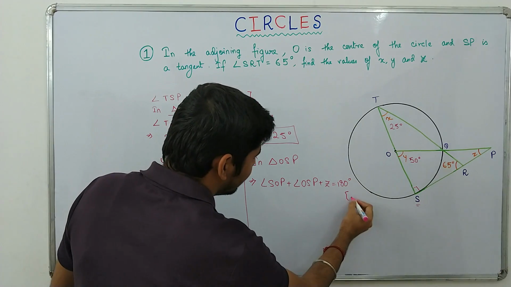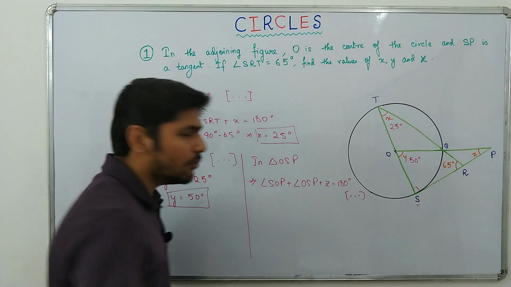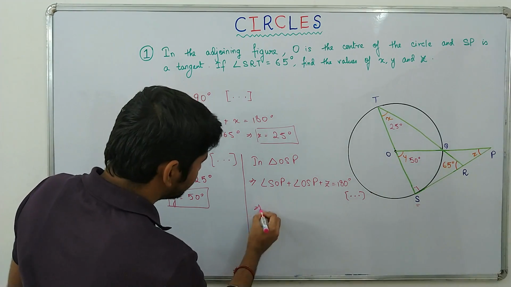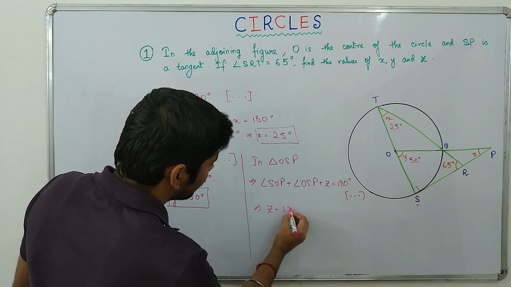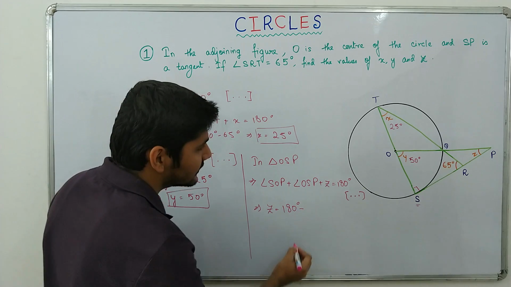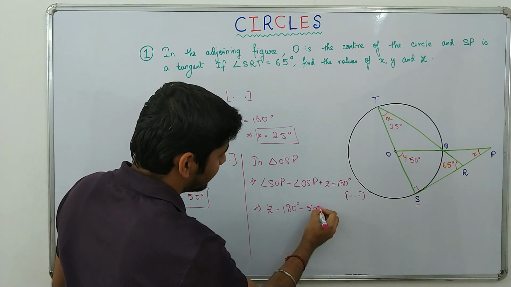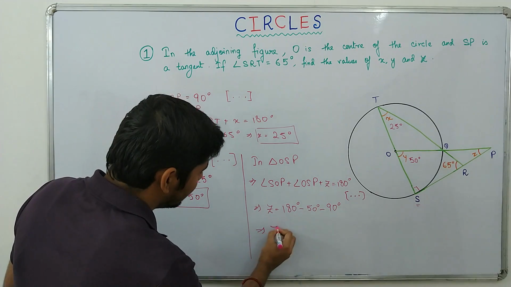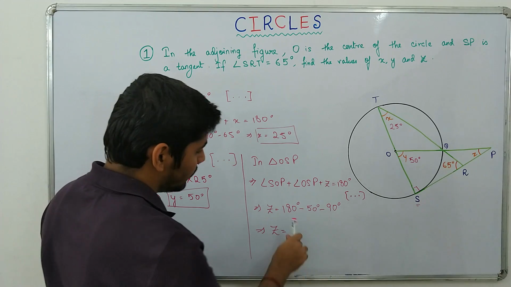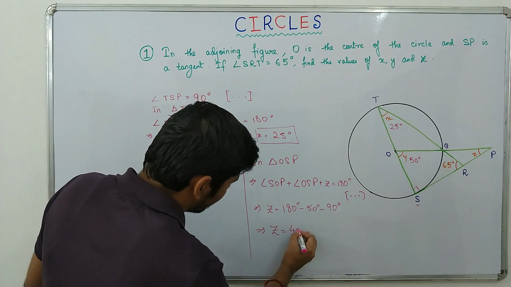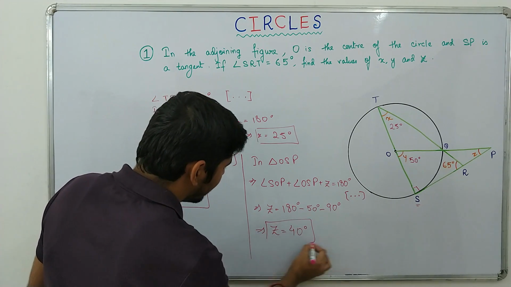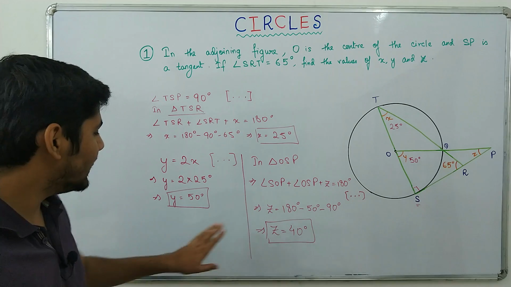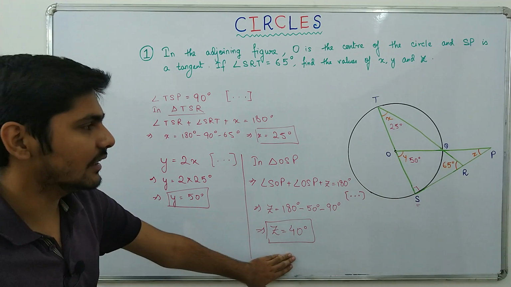And beside it I'll write the sum of all three angles of a triangle is 180 degree. So we get Z is equal to 180 degree minus 50 degree minus 90 degree. So Z is equal to 90 minus 50, that's 40 degree. So we get our third answer, that Z is 40 degree. So X is 25 degree, Y is 50 degree and Z is 40 degree.